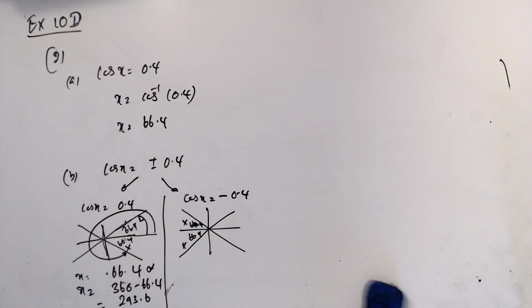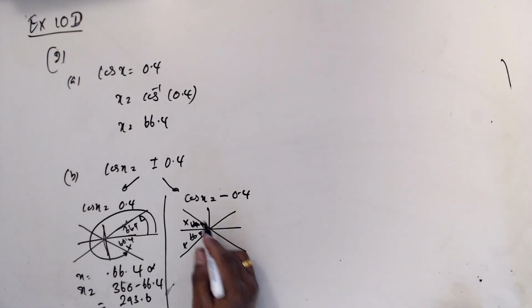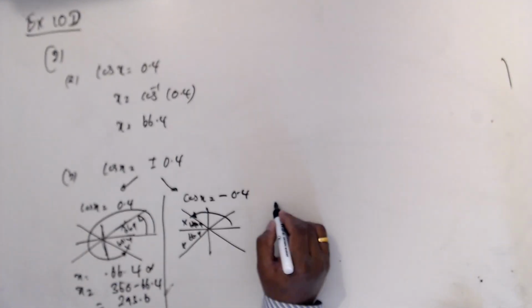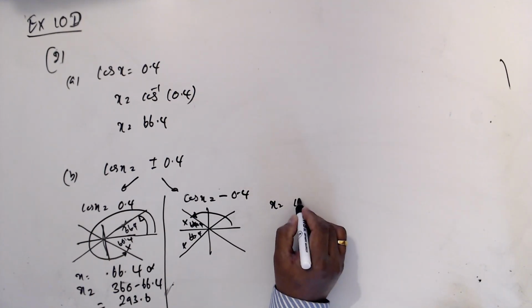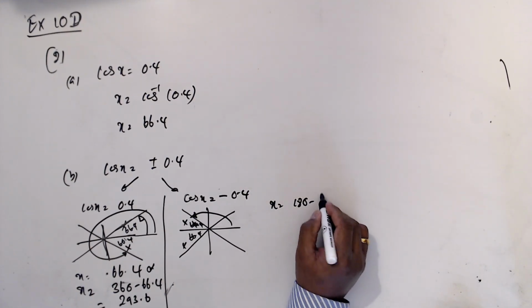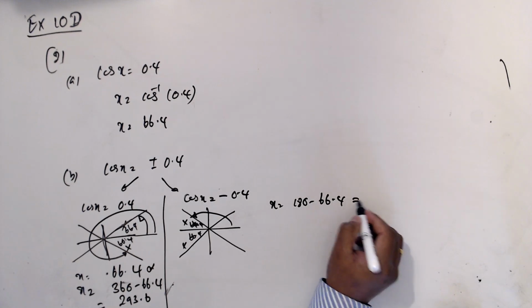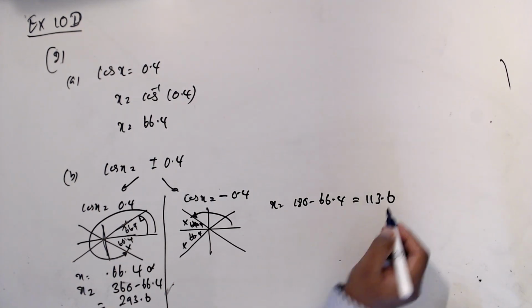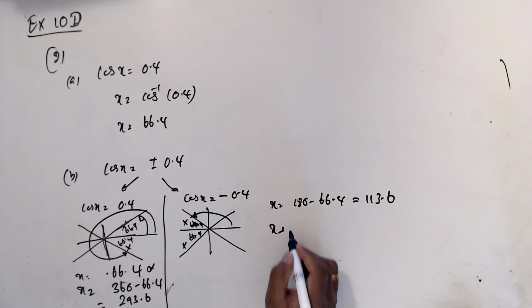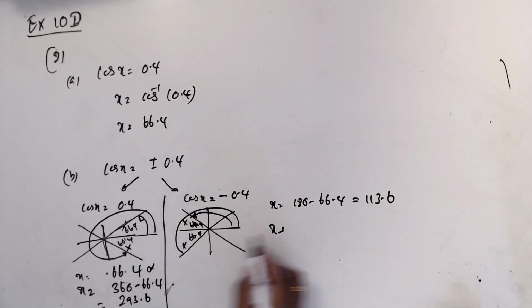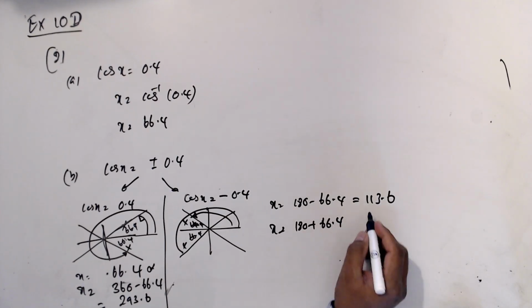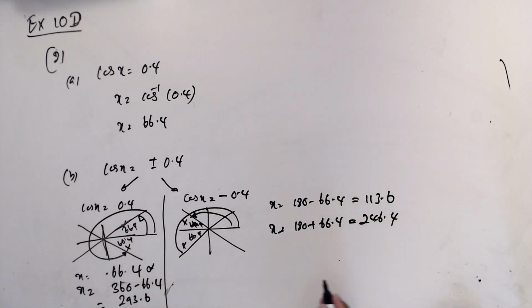And this one, one angle is x is 180 minus 66.4, which is 113.6. Other one is this one, 180 plus 66.4, that is 246.4.